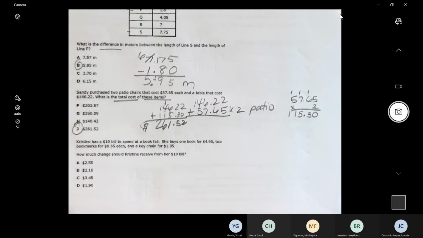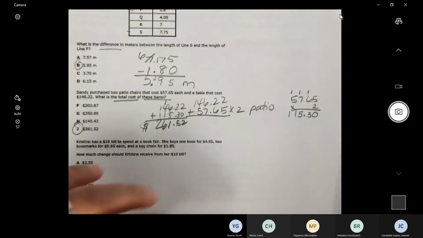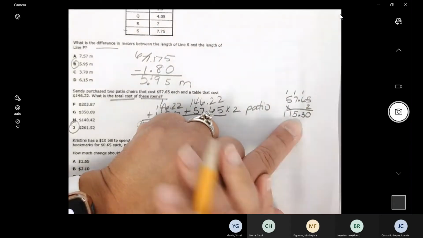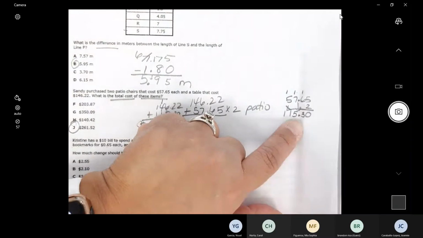So what part is it that you're having difficulty with? The, like, when you had to times it. So when you have to multiply it, you mean? Okay, so when I multiply, I'm going to automatically bring down my decimal at all times so that I can keep my place.